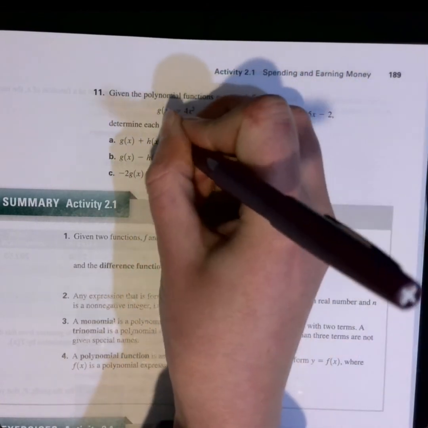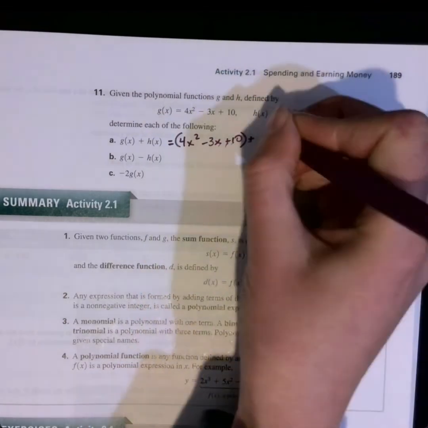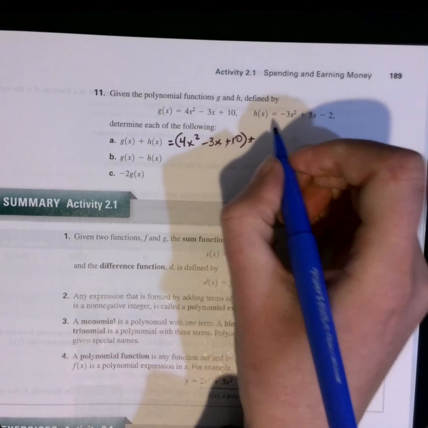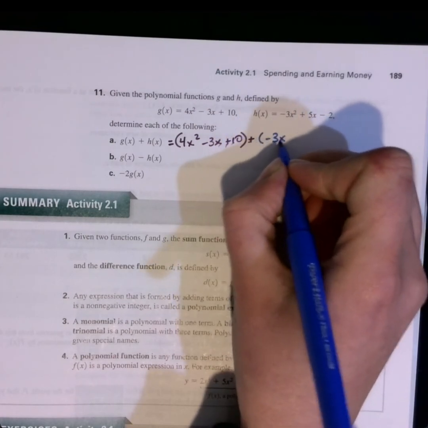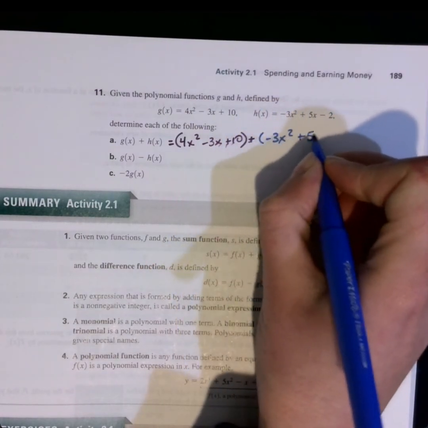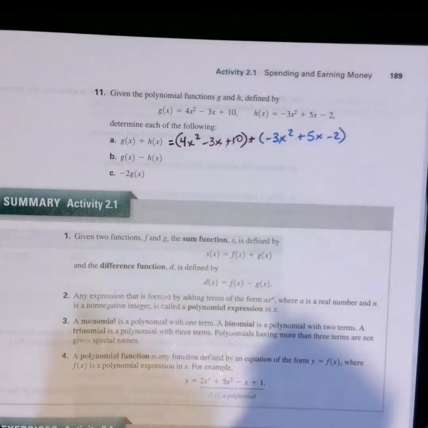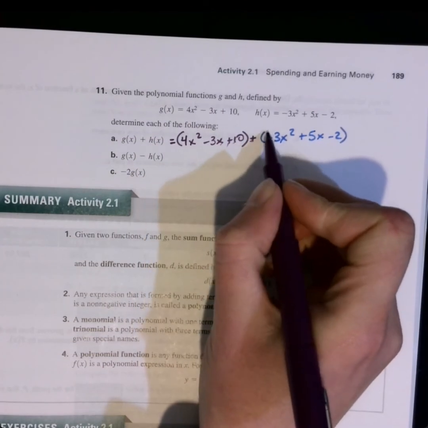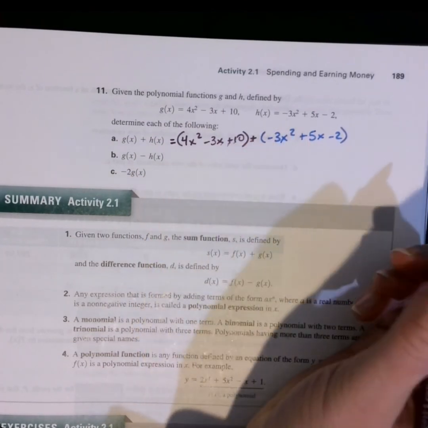I'm going to put the g of x function here in parentheses. I need to add this to the h of x function. And the h of x function is negative 3x squared plus 5x minus 2. So because I'm adding, an addition symbol multiplied into a parentheses isn't going to change any signs.